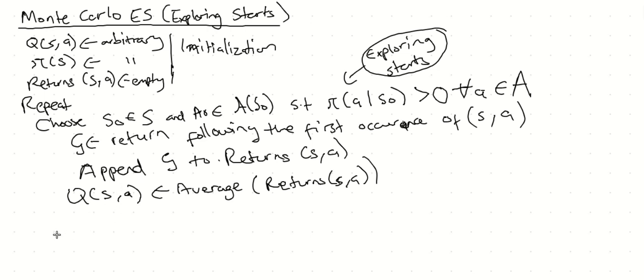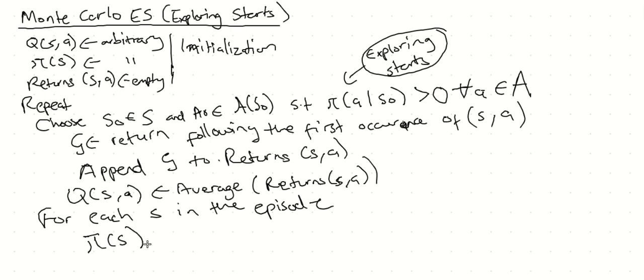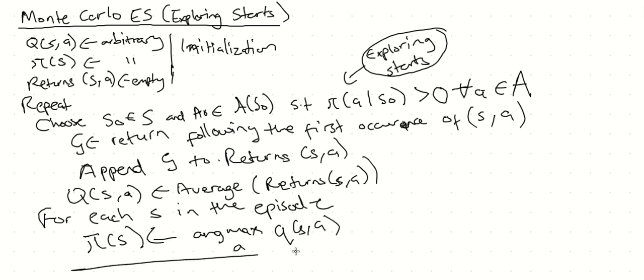Now for the control part, for each state in the episode, what should we do? pi(s) is, as you already know, the argmax over all actions of Q(s, a). So this covers the algorithm for Monte Carlo with exploring starts.